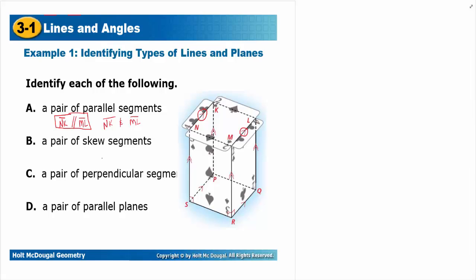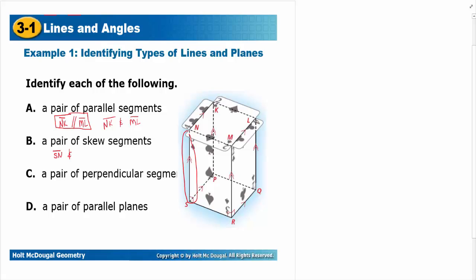So for B, we're going to do a pair of skew segments. Now remember, skew segments are going to be segments that don't touch, yet they're not coplanar. So maybe one's going up and one's going diagonally to the right or left or something. So like I'm going to pick SN first. I'll just pick SN and just go with it. So SN.